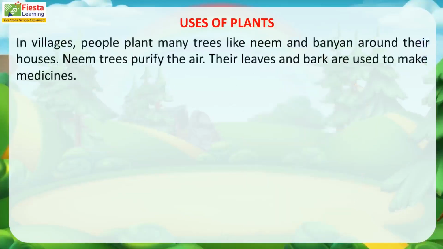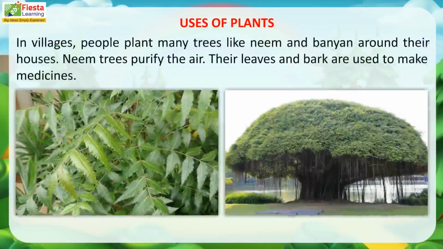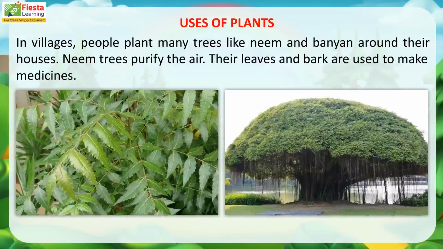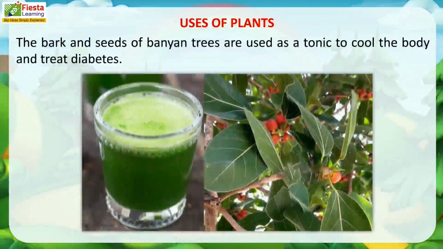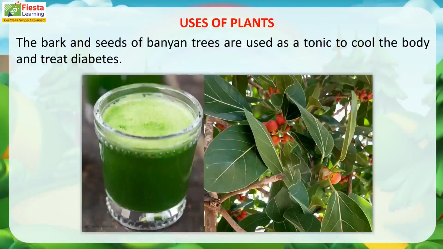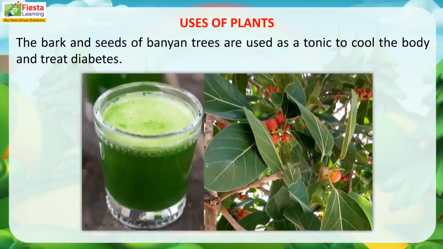In villages, people plant many trees like neem and banyan around their houses. Neem trees purify the air. Their leaves and bark are used to make medicines. The bark and seeds of banyan trees are used as a tonic to cool the body and treat diabetes.